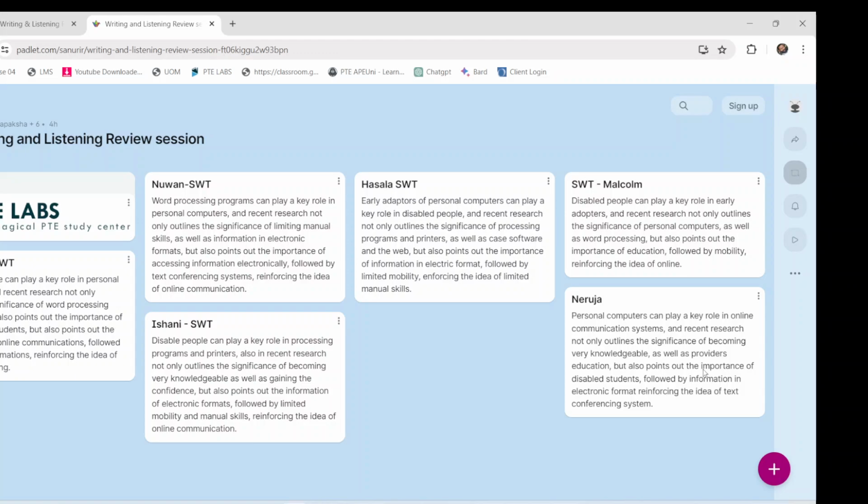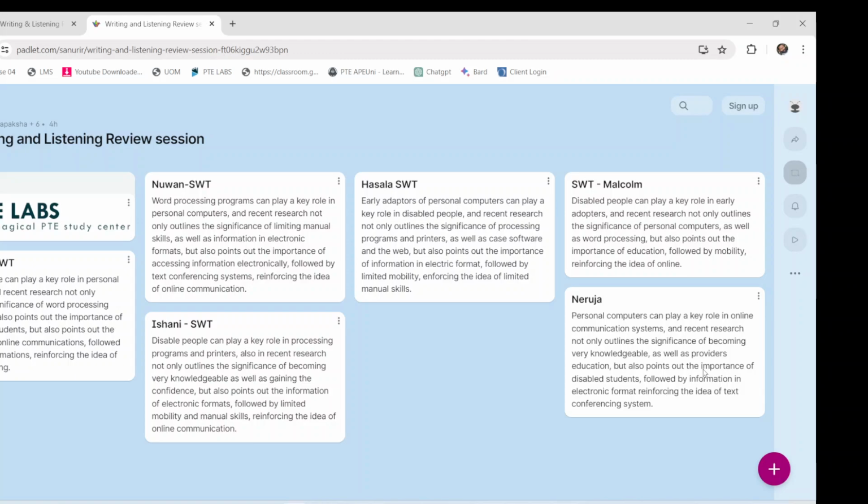Early adopters of personal computers can play a key role in disabled people, and recent research not only outlines the significance of processing programs and printers. Okay, it's better to remove this part, Hustler, as well as case software and the web.